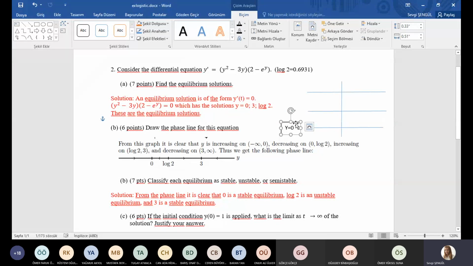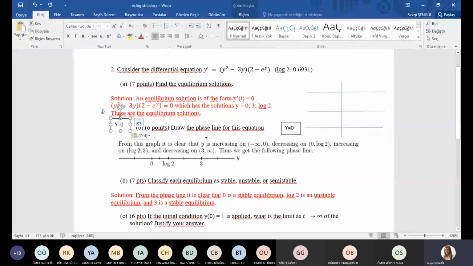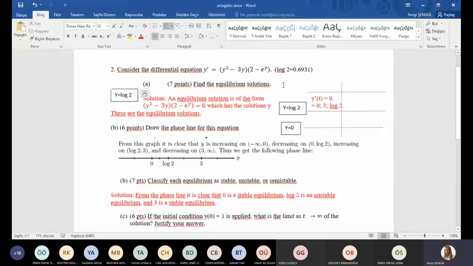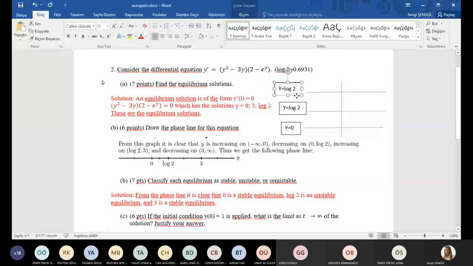And this one is y equals logarithm 2. Just to make it clear for you, I'll plug in log 2, or you can write ln 2. Both are okay. And this one is the biggest one, 3. Right?